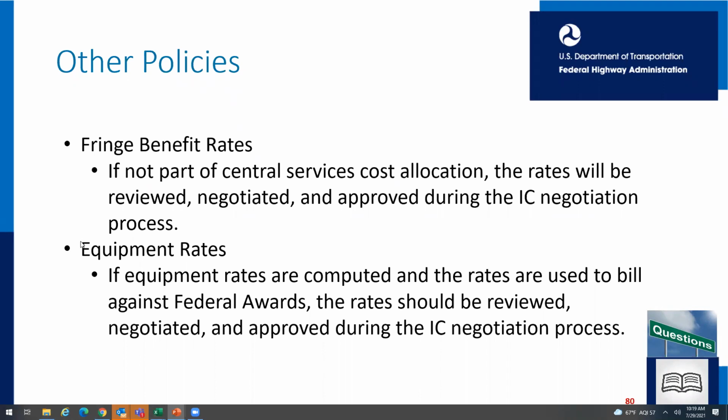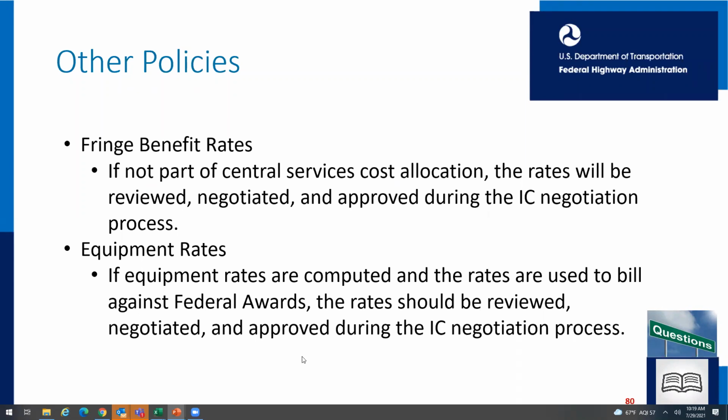Equipment rates, if you remember from yesterday when we talked about our cost principles, we said that capital expenditures are not an allowable cost to be billed directly to a project, unless the federal awarding agency says it's okay, which normally for general purpose equipment, Federal Highway does not allow our funds to procure general purpose equipment. And equipment can also not be charged as an indirect cost. And we're talking about the capital purchase.